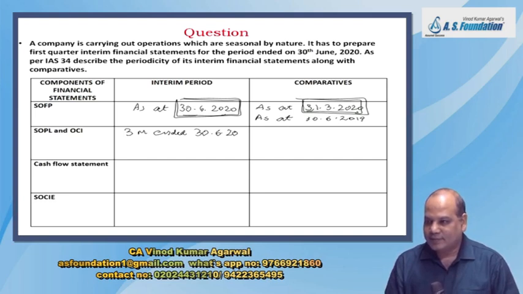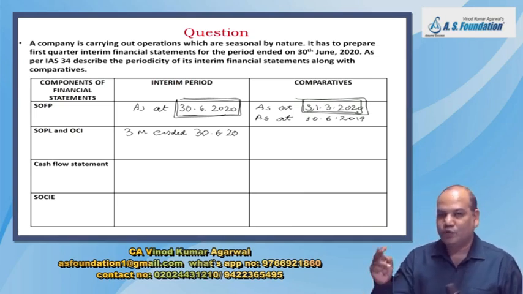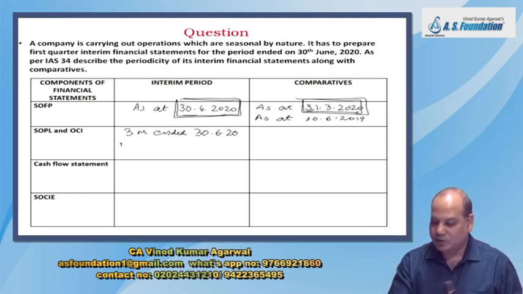Correct? What about cumulative? Same, so not required. For the first quarter, you don't have to give cumulative from beginning till the end of the year. It will be the same. Even if I give cumulative, it will cover the same 3 months period.